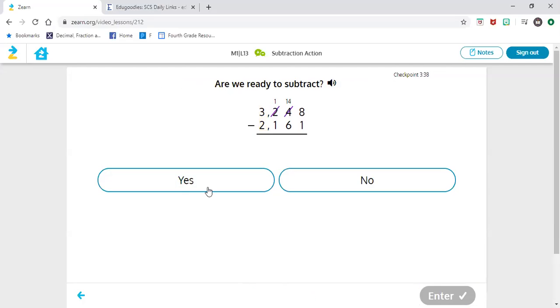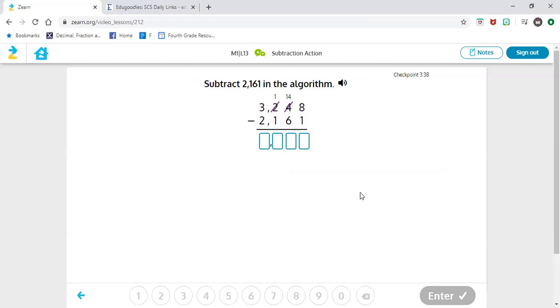Are we ready to subtract now? Yes. I'm ready to subtract. Again, what place value do I start in when I'm subtracting? Yes, in my ones. So 8 minus 1 is 7. 14 minus 6. Now, that's not one that you may be fluent with.